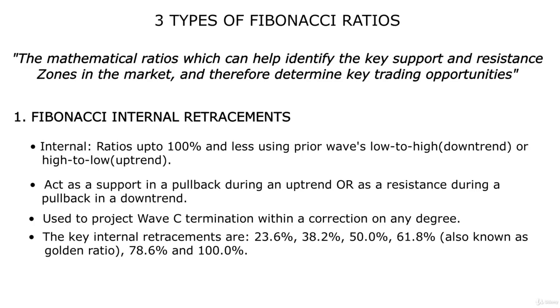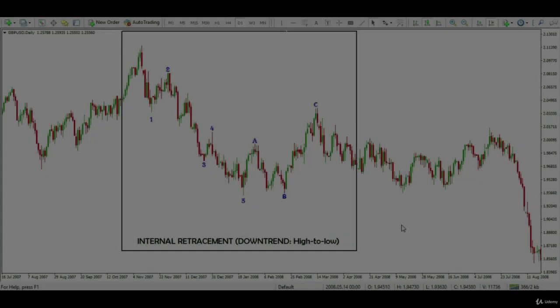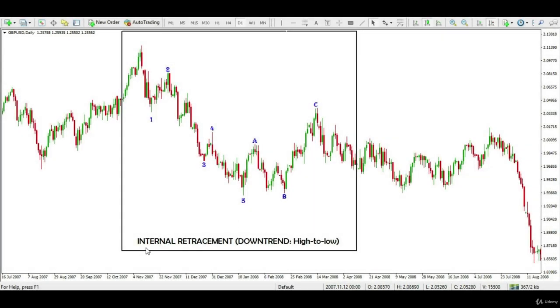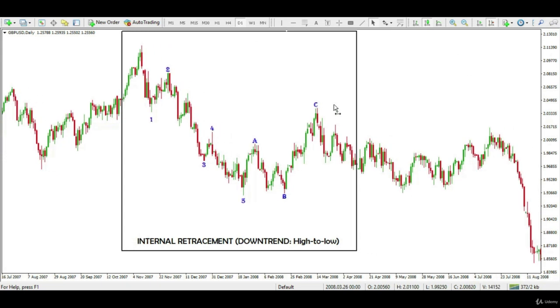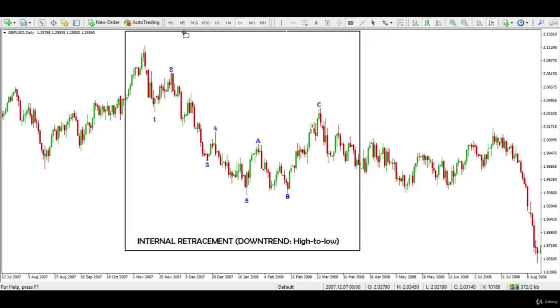Now let's look at a couple of examples of internal retracements. In the first example of internal retracement, we are looking at a daily chart of pound dollar. I've labeled waves within a complete Elliott wave cycle. We know that internal retracements use previous high to low in a downtrend to project the termination of a correction.